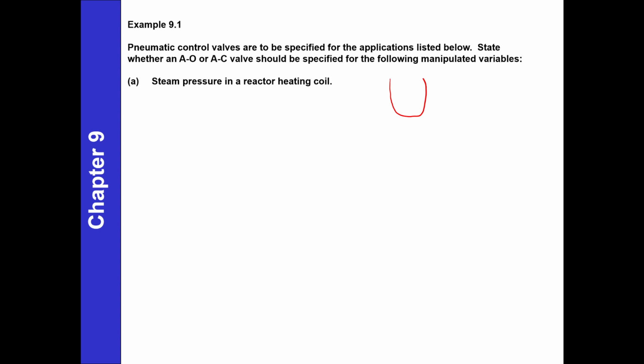We have a heating coil inside this reactor, steam, and we have a control valve here, with the steam flowing through and flowing out. So is this kind of control valve safe to use fail close or fail open? What do you think?